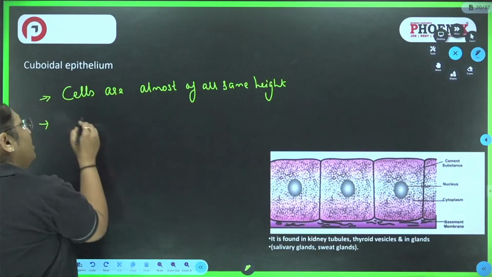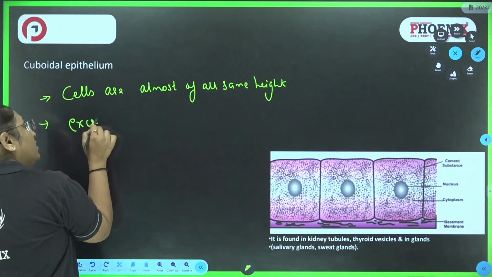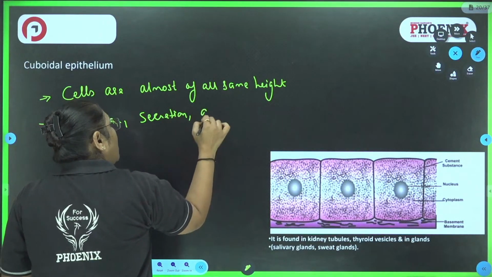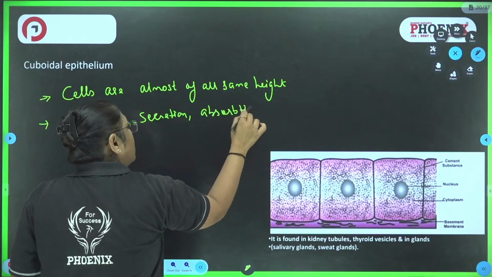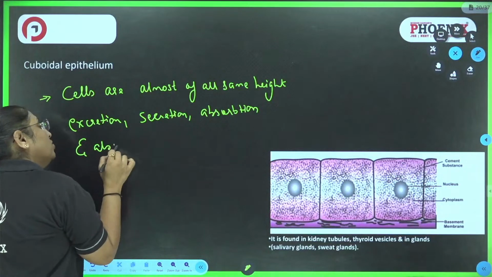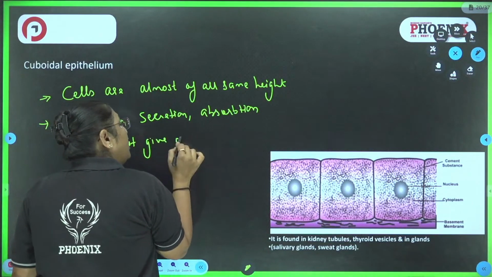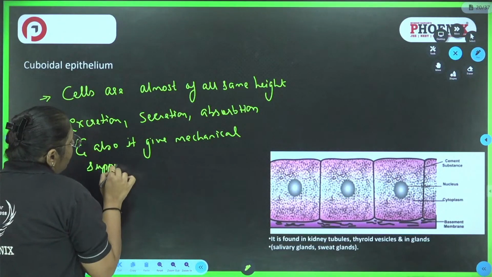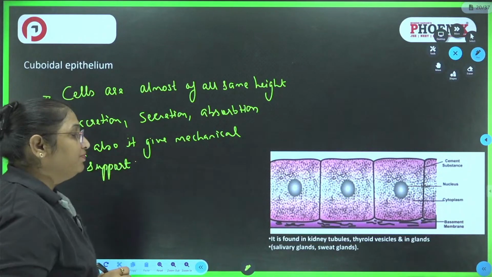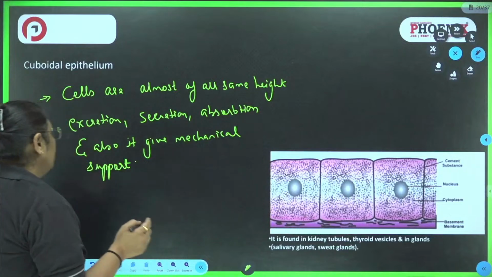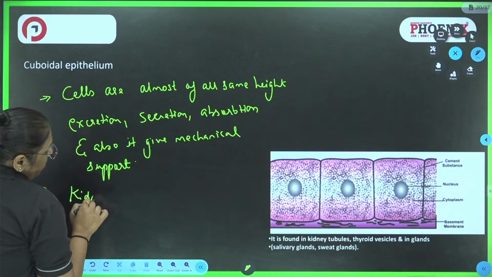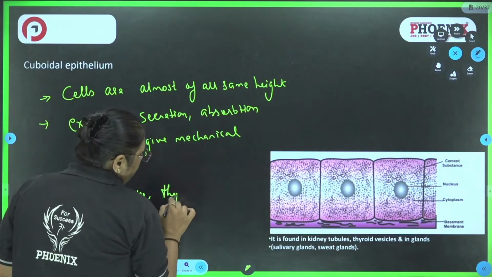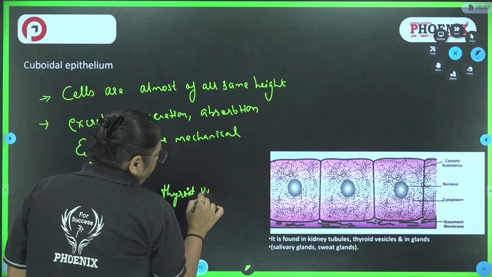Such epithelium performs functions like excretion, secretion, absorption, and it also gives mechanical support. Such type of epithelium can be found in kidney tubules and thyroid vesicles.